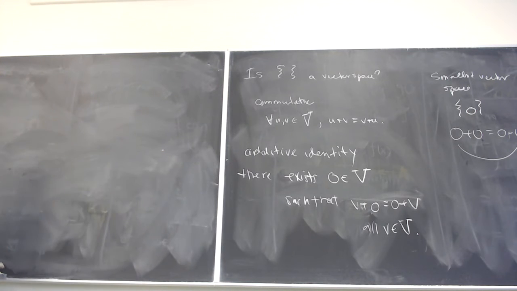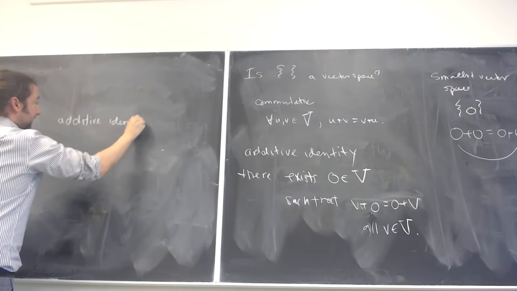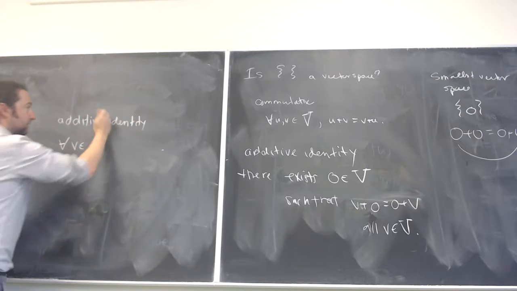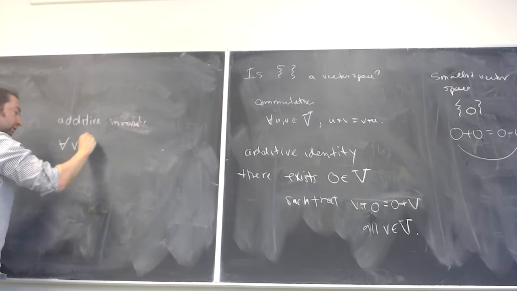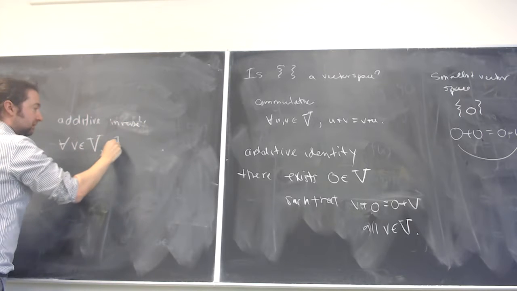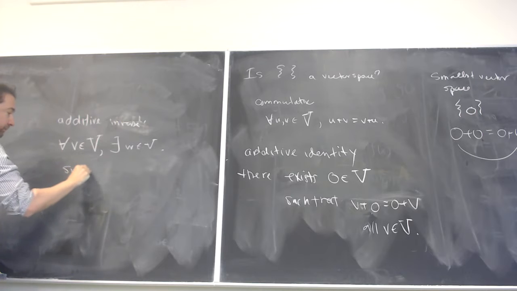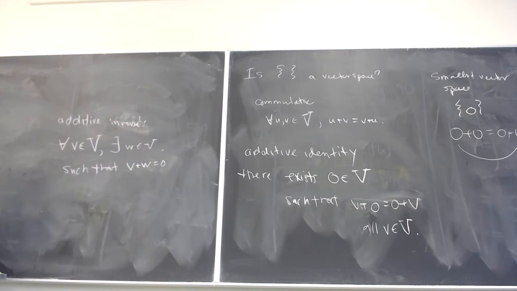This is the weirdness of this kind of quantifier logic. The statement about additive inverse says for all V in V, there exists a W in V such that V plus W is equal to zero.